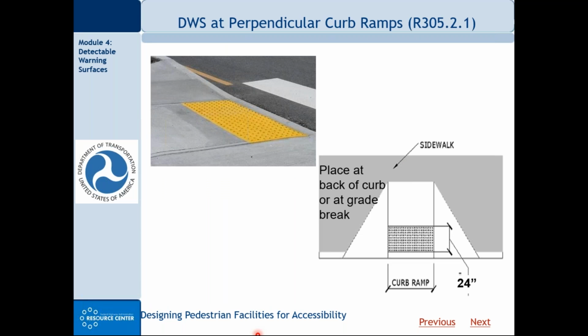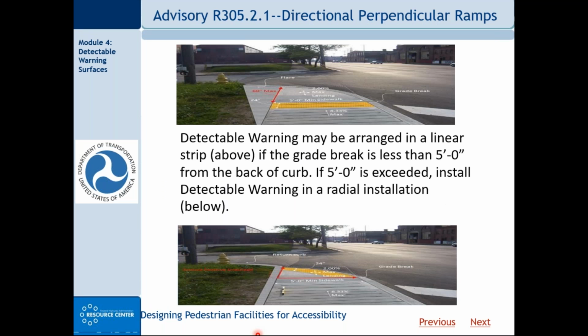Here's the detectable warning surface at a perpendicular ramp. Here's what are called directional ramps. Many of you probably have these. Notice there's no sidewalk coming in from the left here. There's no crosswalk across this street. So this ramp just serves the corresponding ramp on the other side of the street.